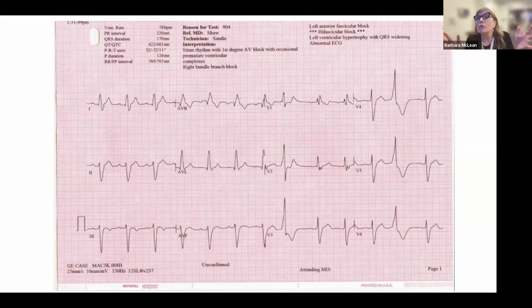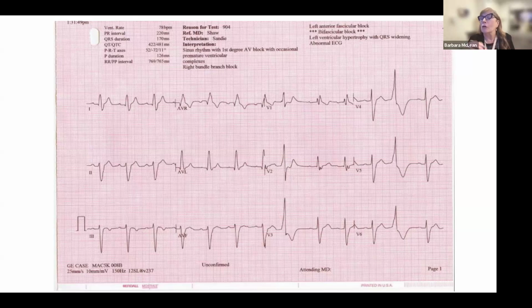The left ventricle is bigger in the normal process, so it requires more electrical activation. We activate the front and the back of the heart at the same time, and so those two things cancel out as an independent visualization. The right bundle is the only bundle that goes to the right heart.